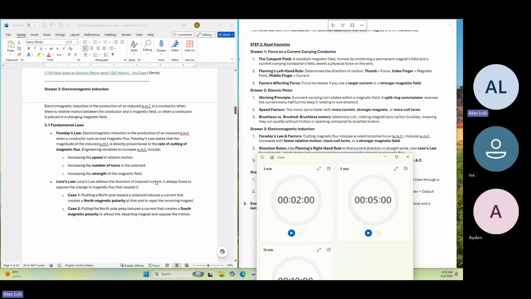We'll divide it into 2 sections. So let's start now for 1 minute, drawer 3 until motion.